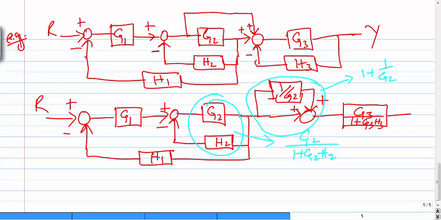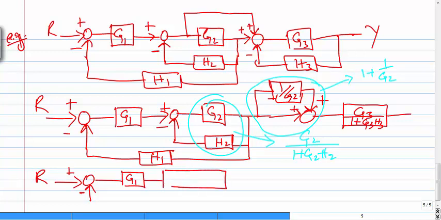So let's make it here. We have G1 times G2 over 1 plus G2H2, then the feedback with H1.